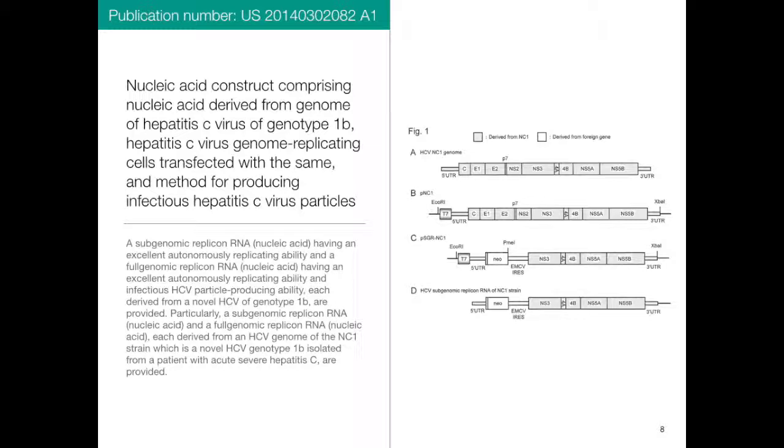Particularly, a subgenomic replicon RNA, nucleic acid, and a full genomic replicon RNA, nucleic acid, each derived from an HCV genome of the NC1 strain, which is a novel HCV genotype 1b isolated from a patient with acute severe hepatitis C, are provided.